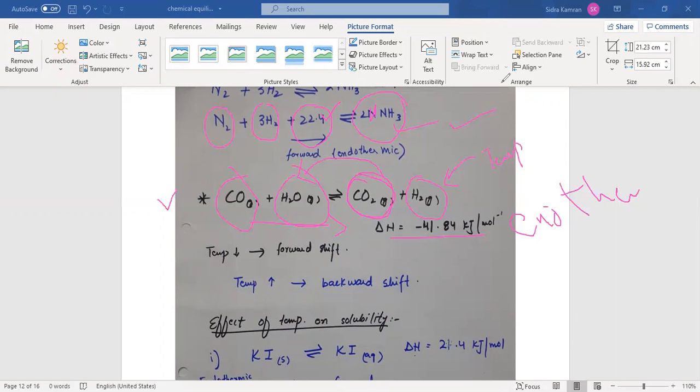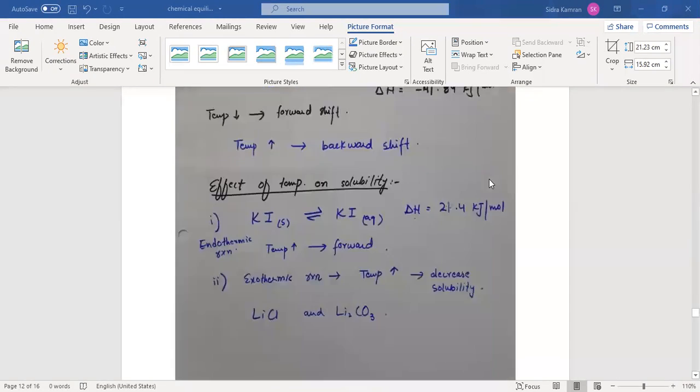Effect of temperature on solubility. How does temperature affect solubility? For example, potassium iodide is soluble when this amount of energy is absorbed. This amount of energy is given to the system.